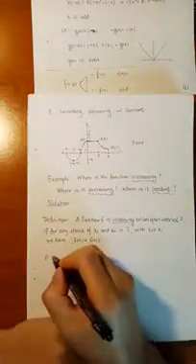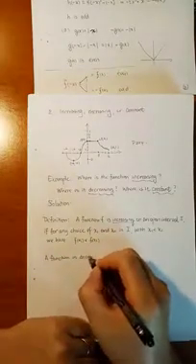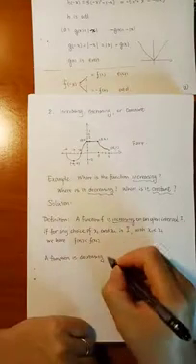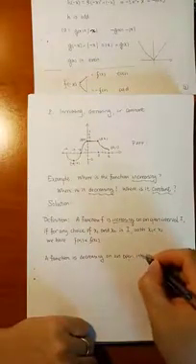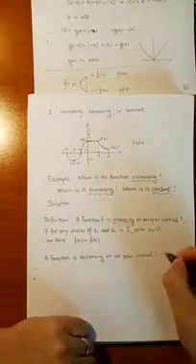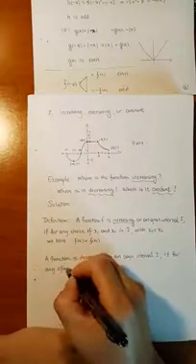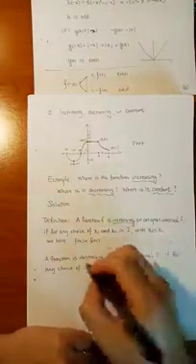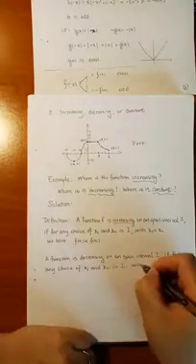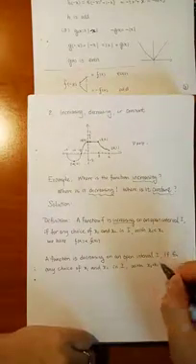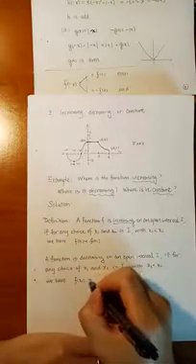And a function is decreasing on an open interval I if for any choice of x1 and x2 in I with x1 less than x2, we have f(x1) greater than f(x2).